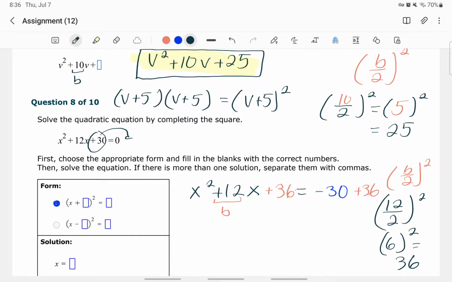And now we're going to factor. When we factor x squared plus 12x plus 36, that is going to factor to x plus 6 times x plus 6. Or you can say x plus 6 being squared. Negative 30 plus 36 is positive 6.